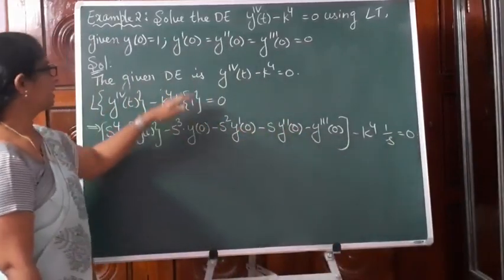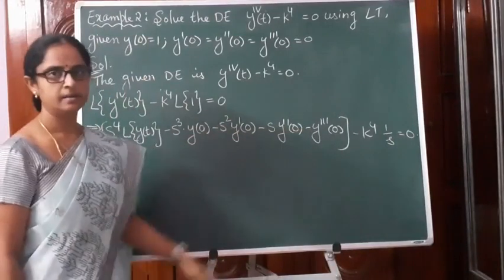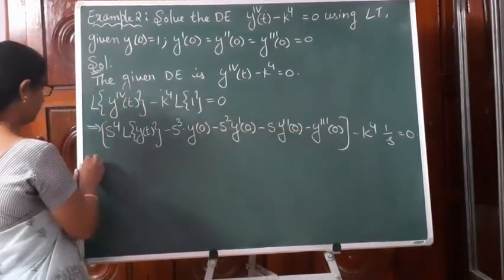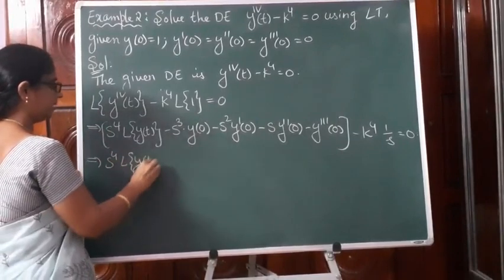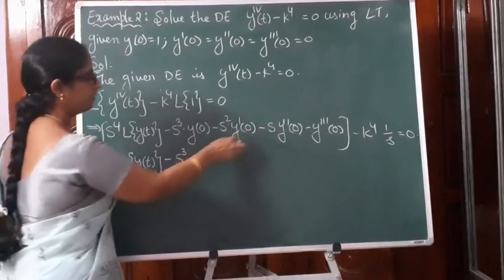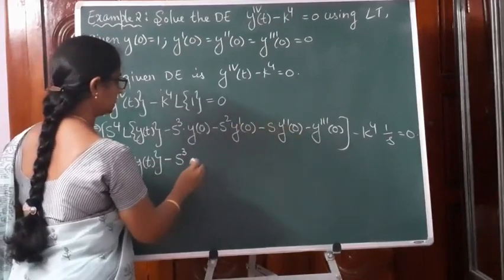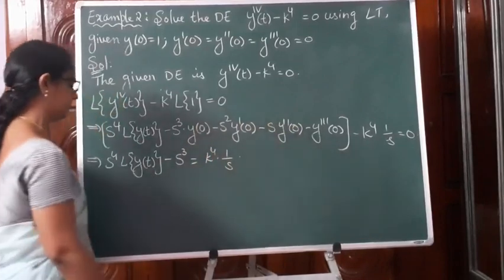Now let us substitute the initial conditions. y(0) is 1 and all other derivatives are zeros. Therefore, this is s⁴ into L of y(t) minus s³ into y(0), which is 1, and these are all 0, equal to k⁴ into 1 by s.